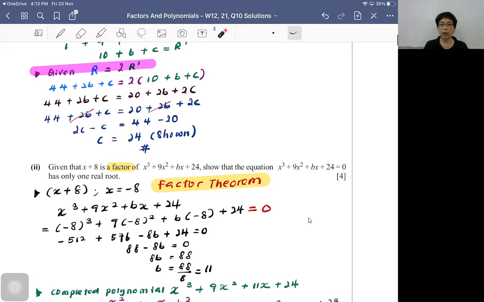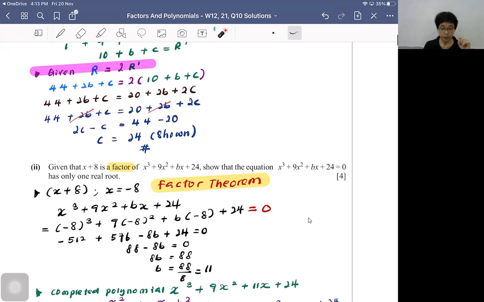So in order to show that the cubic equation has only one real root, first and foremost, we need to break it down into the other factors besides the x plus 8 given to us. How are we going to do that? Yes, that's what we're going to do.